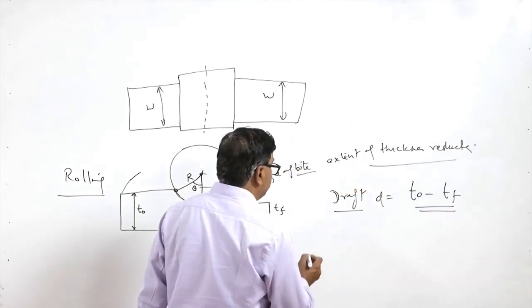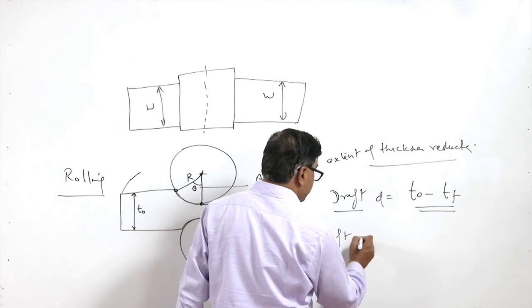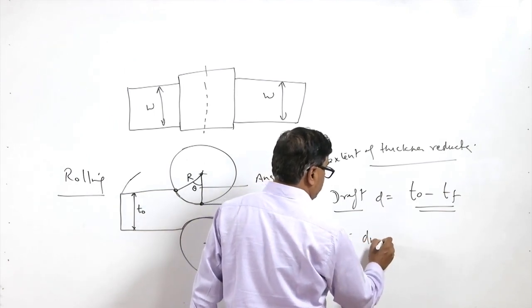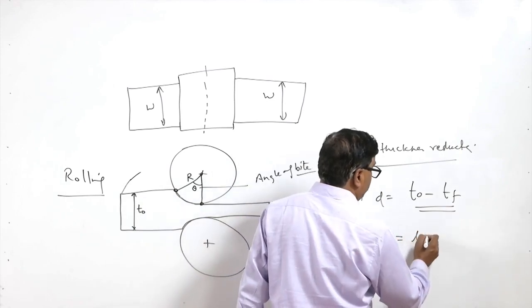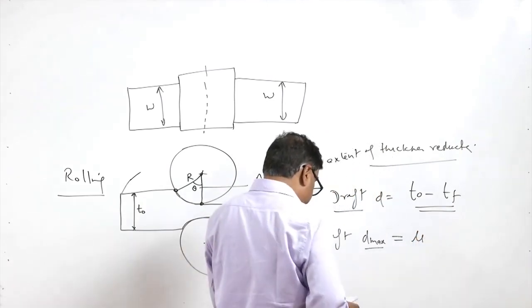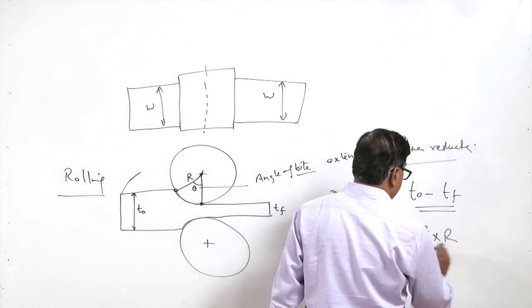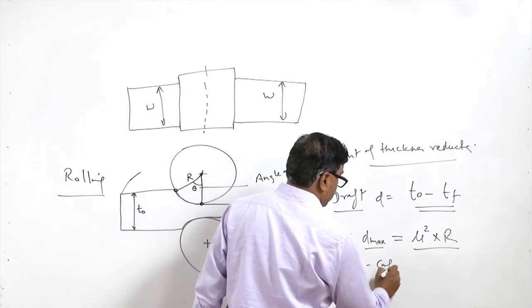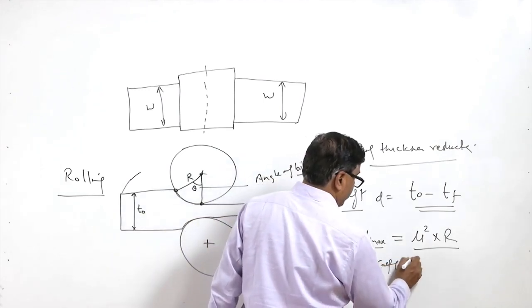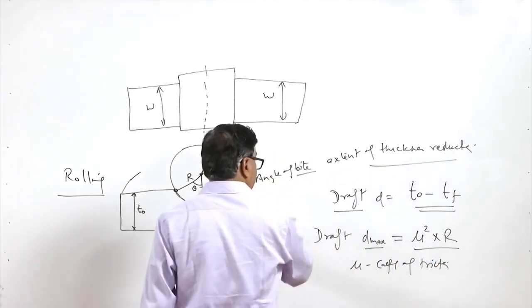The maximum draft D max which can be achieved is found to be a function of mu squared into R, wherein mu is the coefficient of friction between the metal and the rollers.